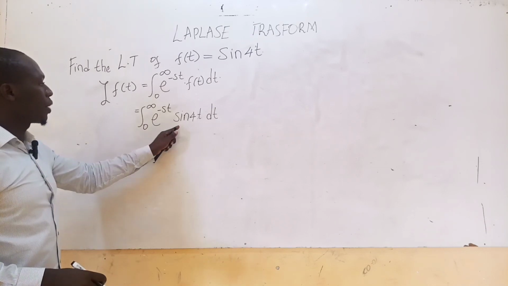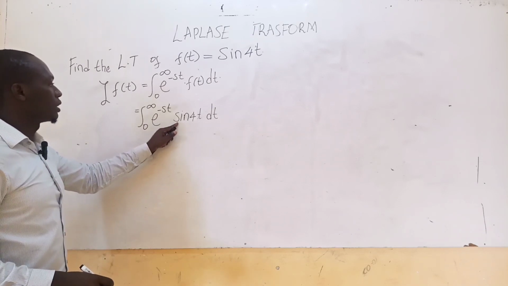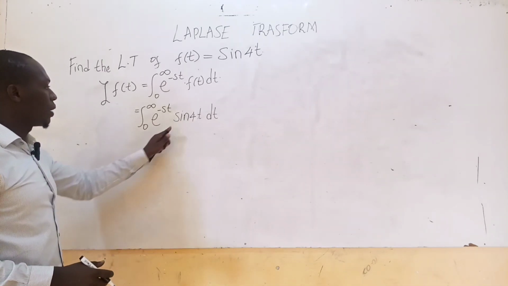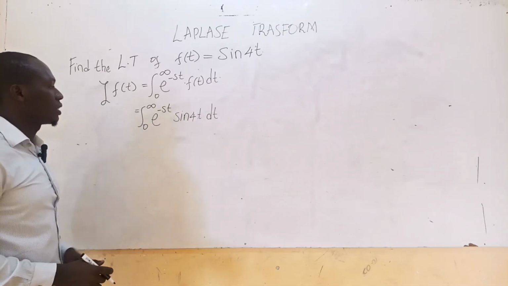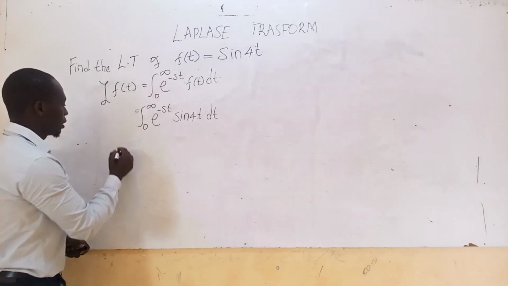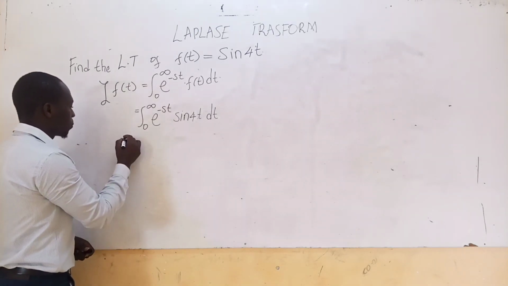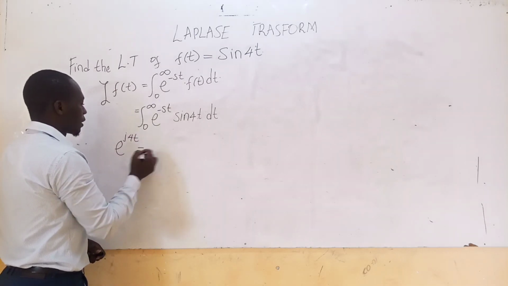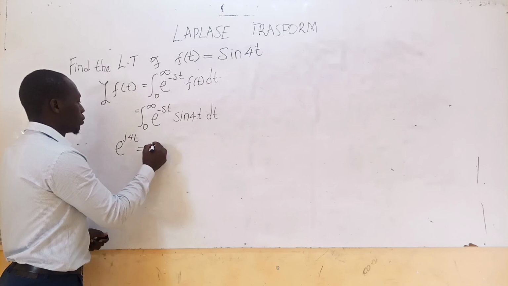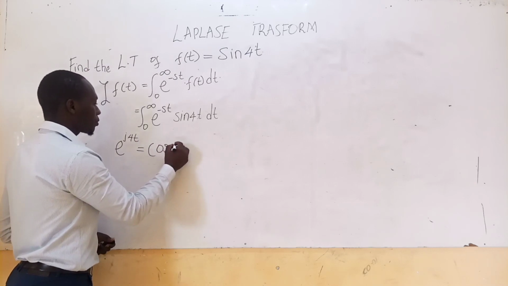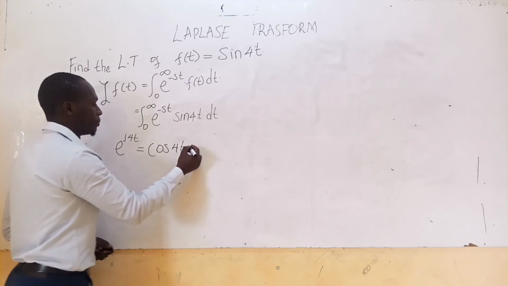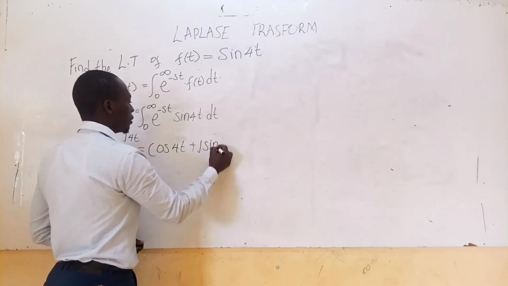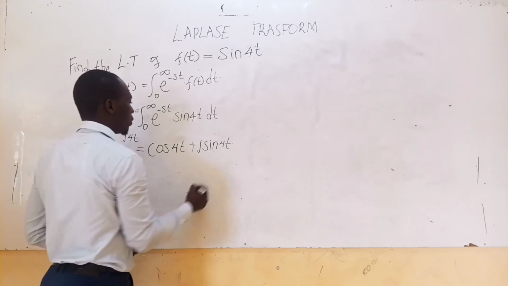Now from here we find a way by which we can change the sine into an exponential. We say that exponential j a t is equal to cos(at) plus j sin(at).